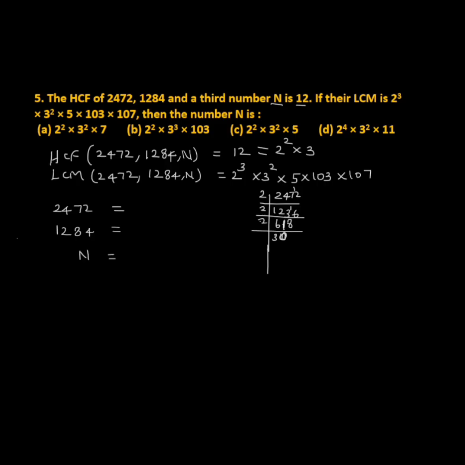This is very important: when we cannot divide a number, we have to put 0.